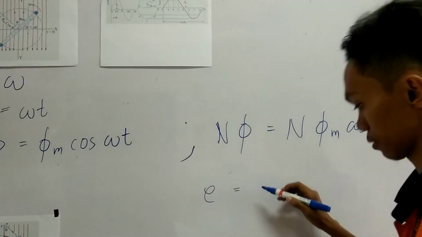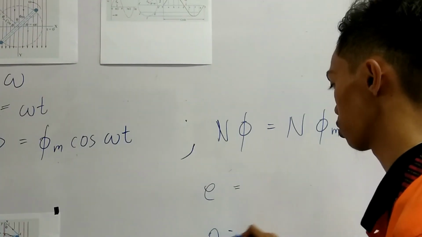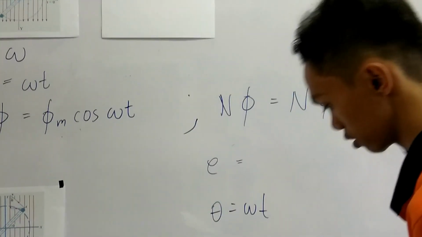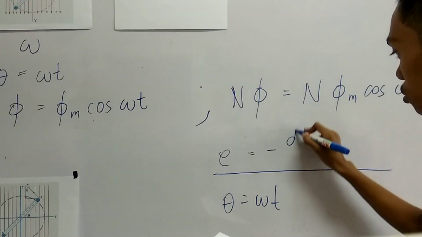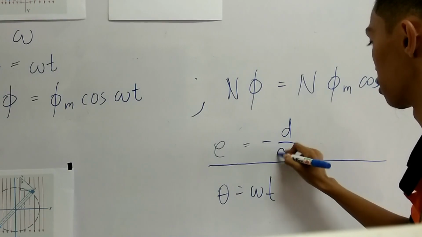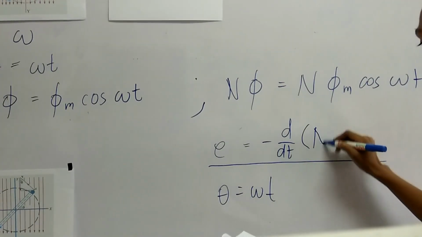So when theta is equal to omega t, we define the electromagnetic induction equation as the time derivative of N phi.